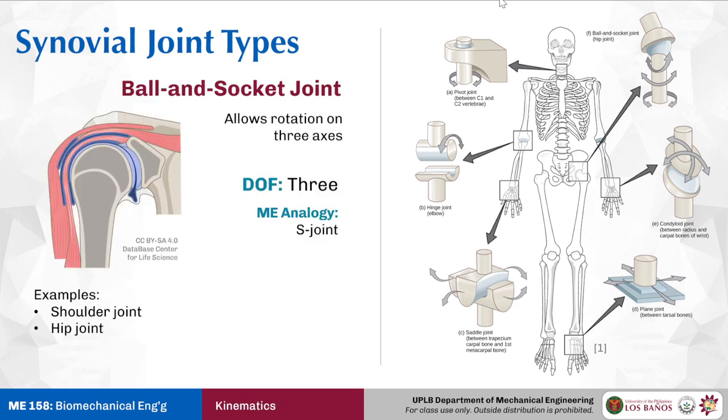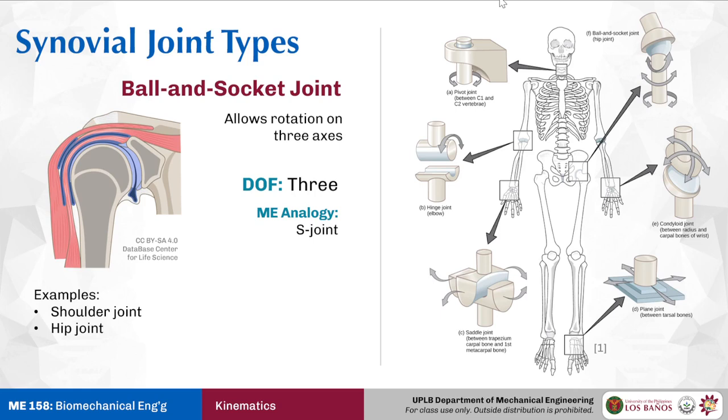Next, we have what we call the ball and socket joint. This is the analogy to the spherical joint, and of course, as you know, ball and socket joints allow rotation in three axes. So these allow for both flexion, extension, abduction, adduction, and anatomical rotation.